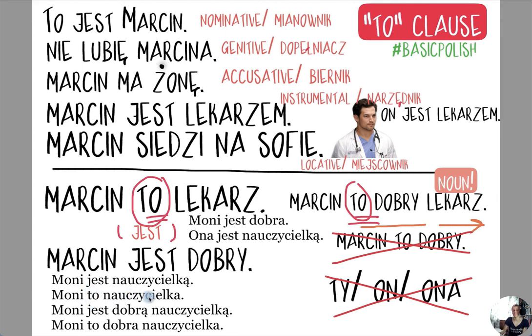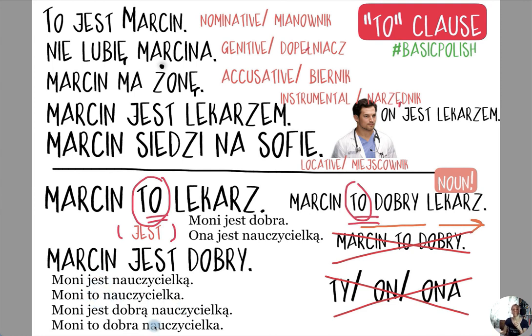Moni to nauczycielka. So either this or that. Can you see? Moni jest nauczycielką, instrumental, or Moni to nauczycielka, nominative. Both sentences are correct. They mean the same, but they vary when it comes to the case, because here we've got instrumental. This forces us to use the instrumental case, and this forces us to use the nominative case, basically.